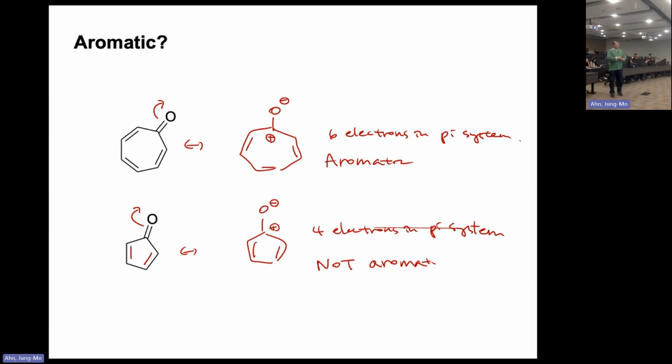But if this carbon is a positively charged carbocation, then there are only 4 electrons in the pi system, and that is not an aromatic molecule. That actually makes it anti-aromatic. So this process is not happening, because the molecule doesn't want to become anti-aromatic. It would rather stay non-aromatic. So this is non-aromatic.